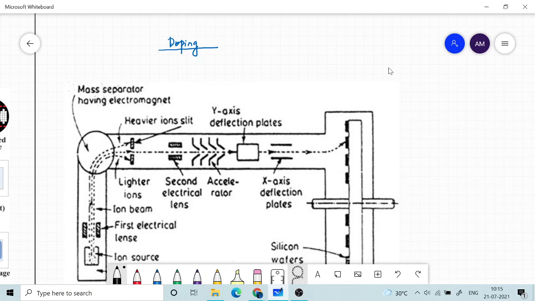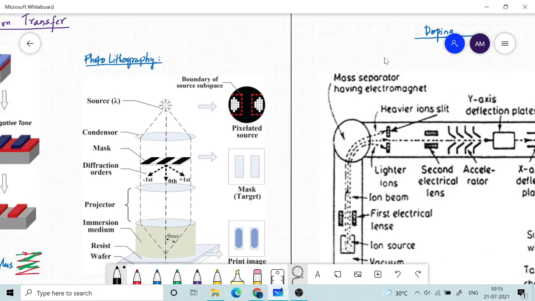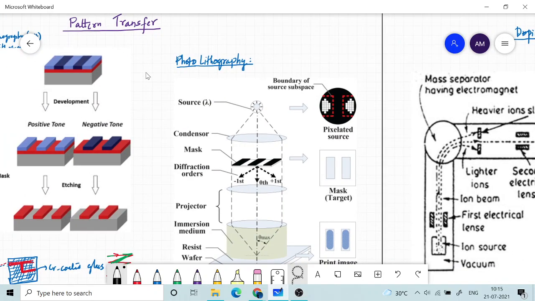Doping is basically not changing or removing the material, whereas etching is basically removing the material. So sometimes, for example, to start with we don't have a thin layer like this.